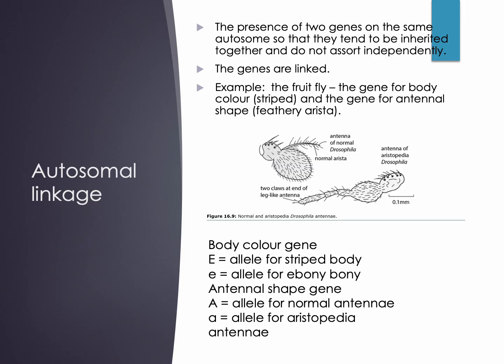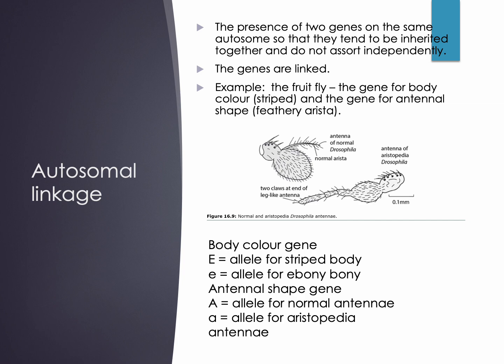Autosomal linkage: the presence of two genes on the same autosome so that they tend to be inherited together and do not assort independently. The genes are linked. An example would be in fruit flies.